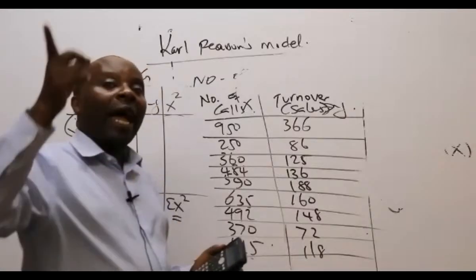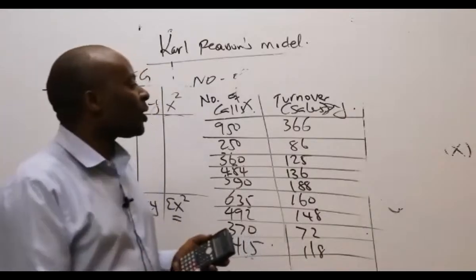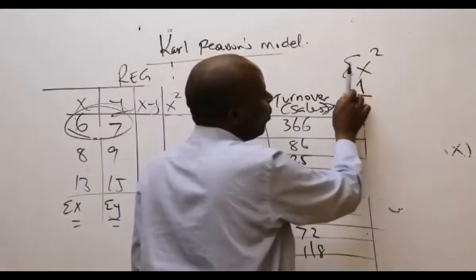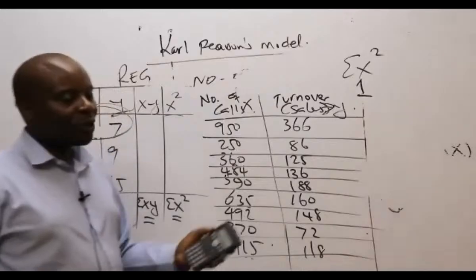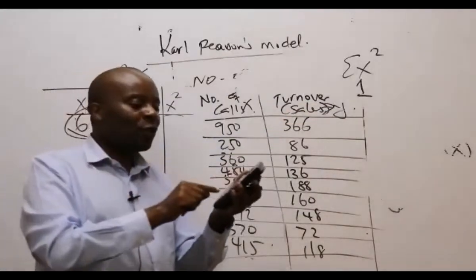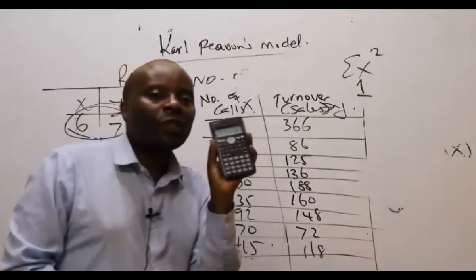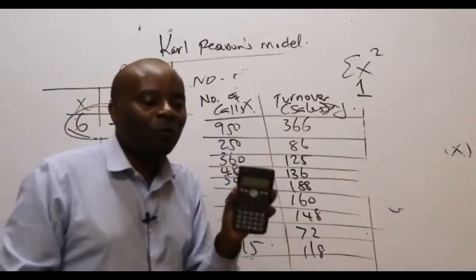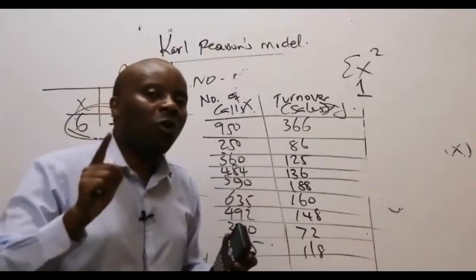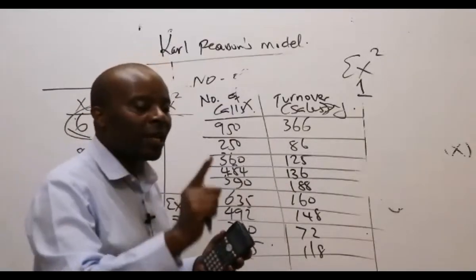If you're a good student, below sum of x squared, I can see a 1. So what I'm supposed to do is to write 1 there. And once I write 1 there, you must be careful. When you write 1 there, you are seeing summation of x squared alone being left on the screen.